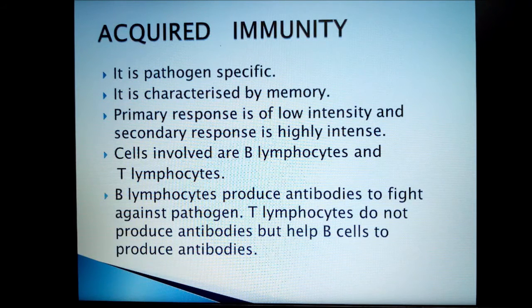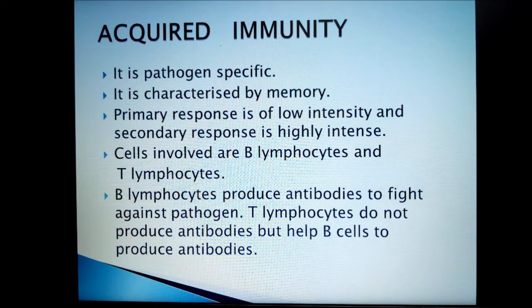The cells involved in this acquired immunity are B lymphocytes and T lymphocytes. These are the two types of lymphocytes, B and T, and both are involved in acquired immunity. There are no barriers. In innate immunity we have seen 4 types of barrier, but here the cells are involved, and the names of the cells are B and T lymphocytes.